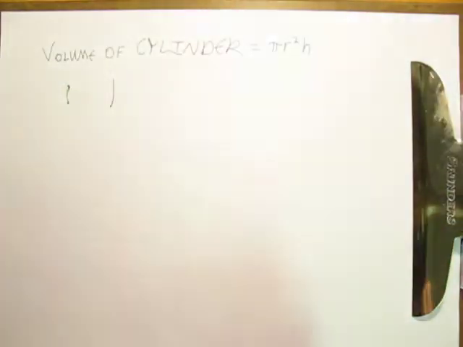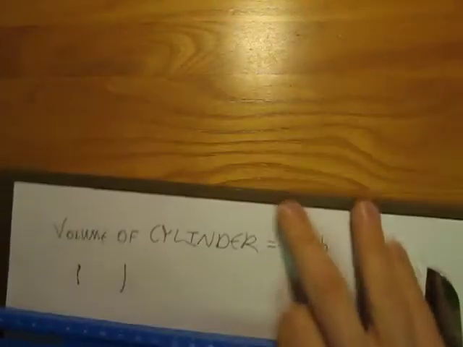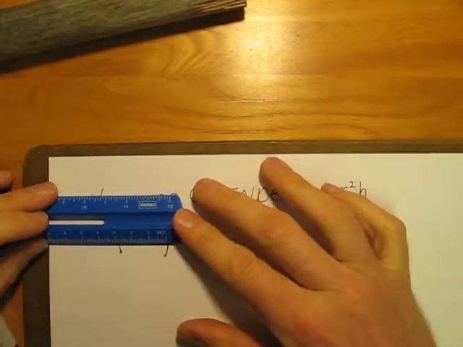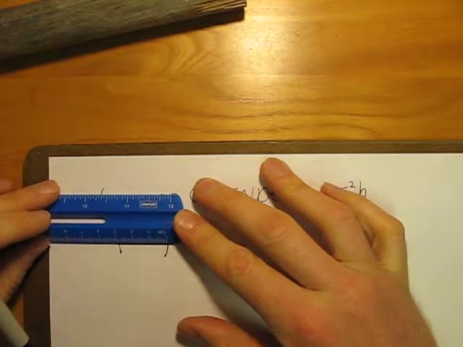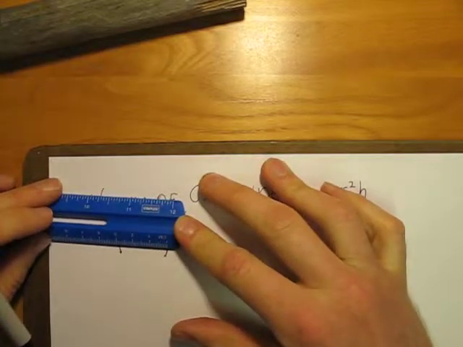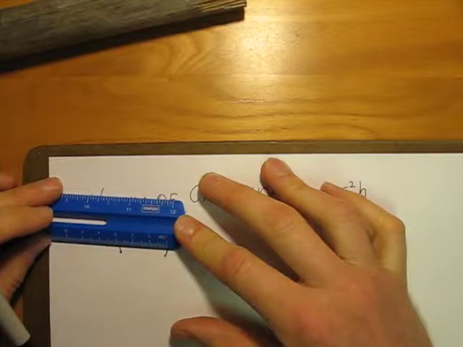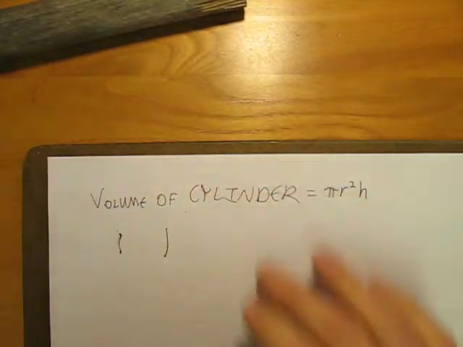Again, there's error and there are better ways to measure the diameter, but right now we're measuring the diameter, and I'm going to measure that diameter to be about 2.85, I'm going to call it 2.9 centimeters.